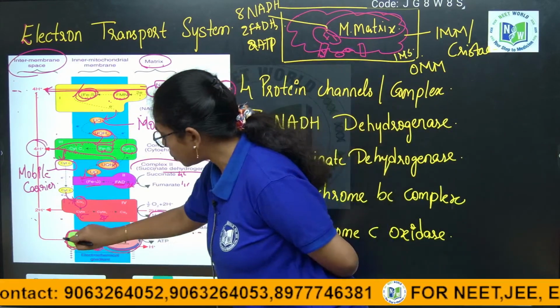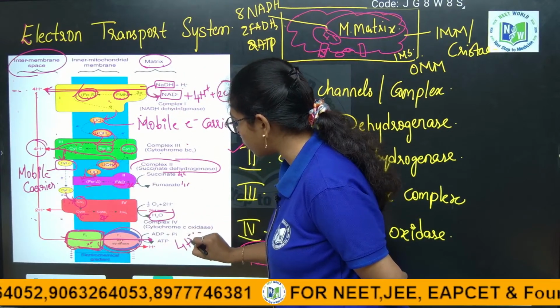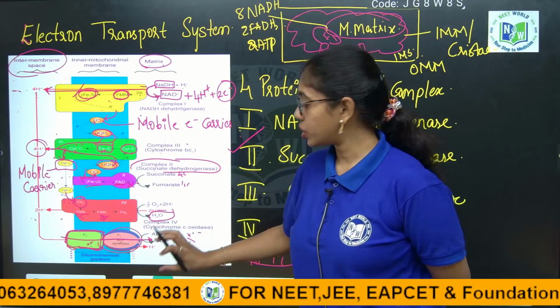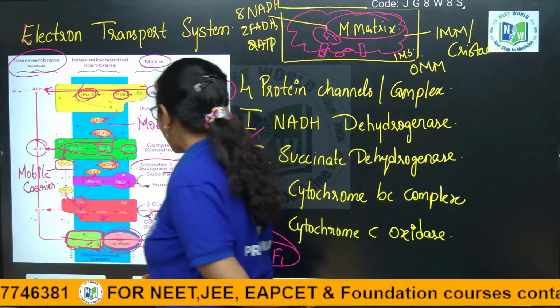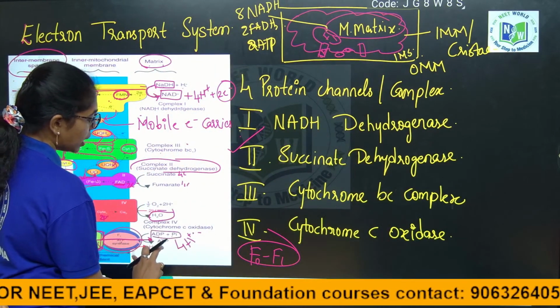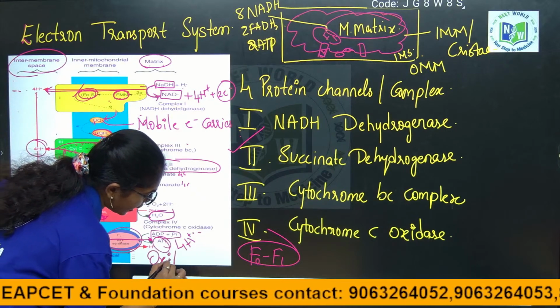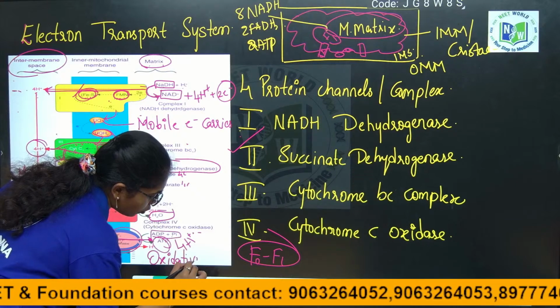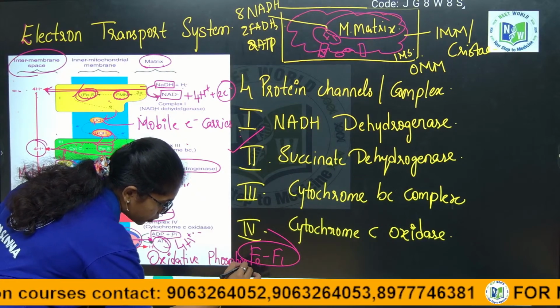At a single stretch, this releases 4 H plus molecules, which give sufficient energy for phosphorylation of ADP plus inorganic phosphate, whereby it forms the ATP molecule. This is called oxidative phosphorylation.